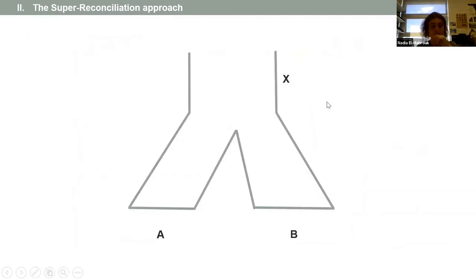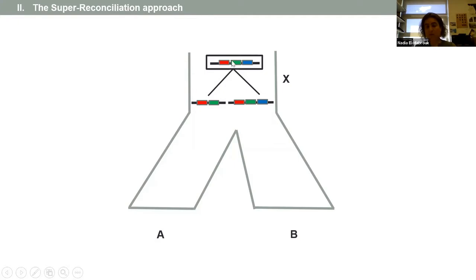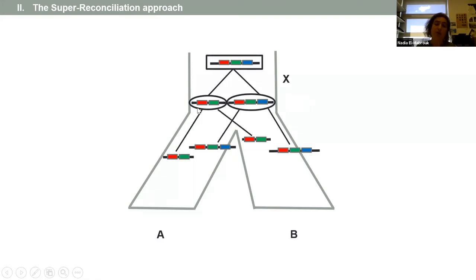So for example, assume we have an ancestral region of 3 genes that has evolved this way. So these 3 genes have been duplicated. Actually, just the red and green part of the synteny has been duplicated here. And then after speciation, they are both inherited on the 2 genomes.